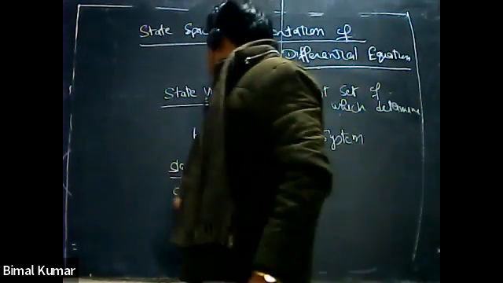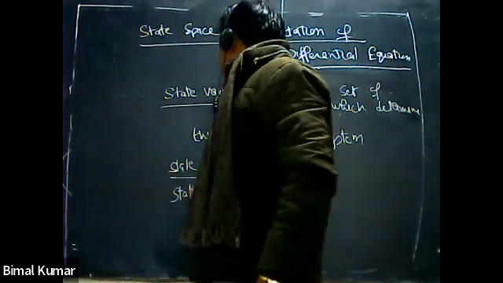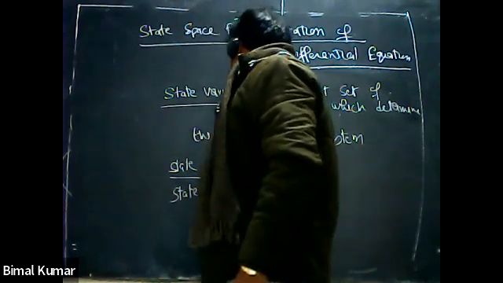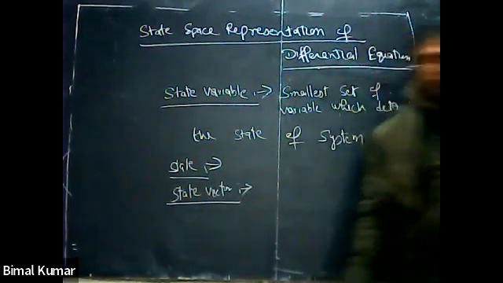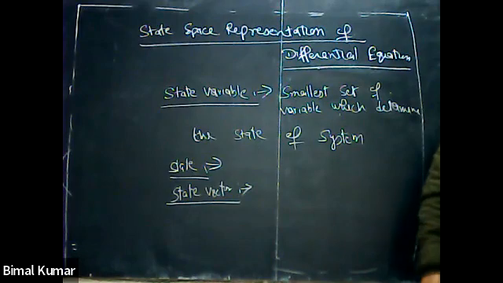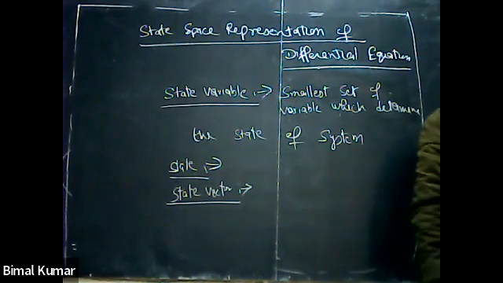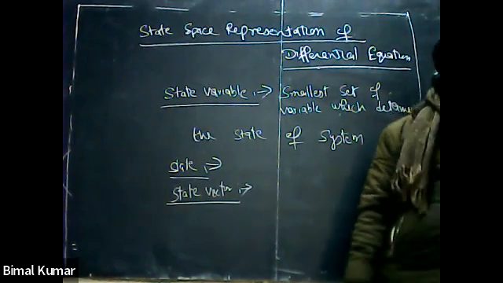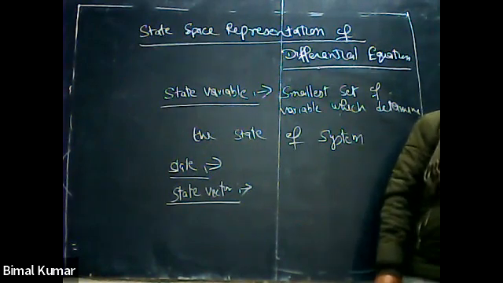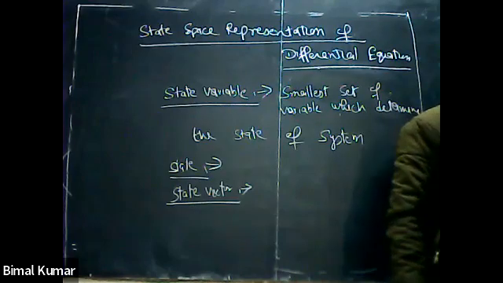Then after that, state vector. If you want to define state vector, if n state variables are necessary to determine the behavior of a given system, the variables can be considered as the n components of a state vector.